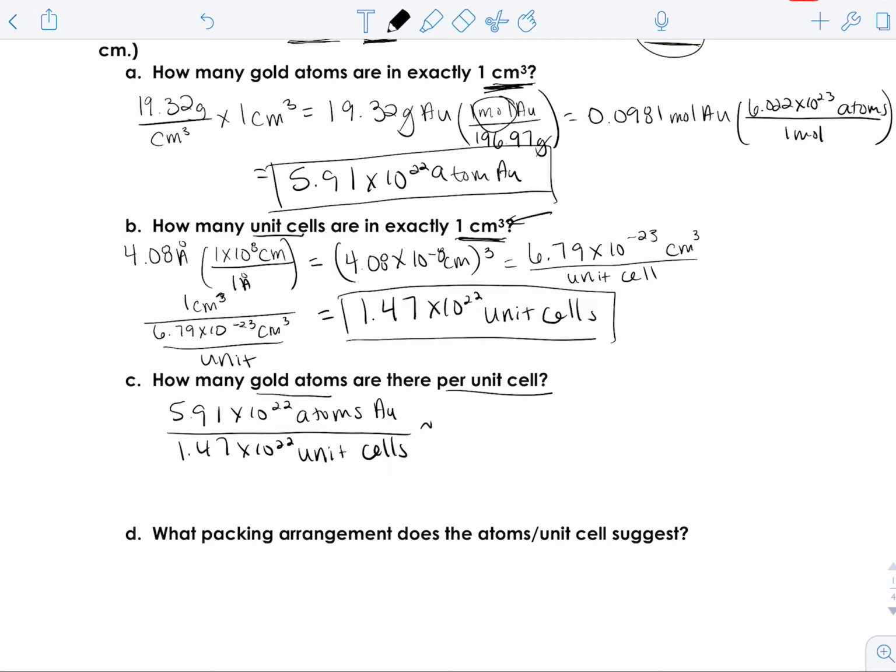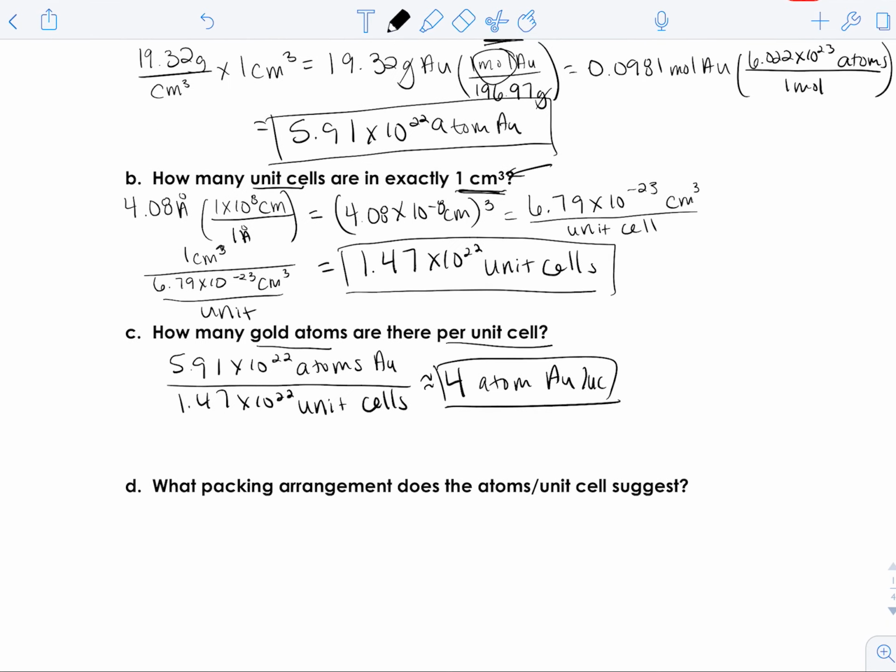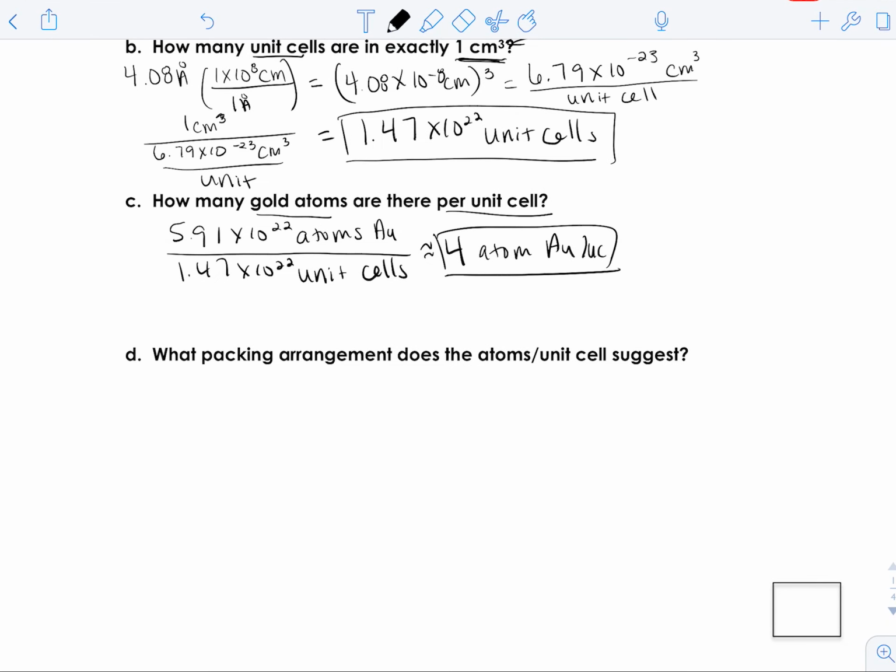And when we divide that out, we get approximately 4 atoms of gold per unit cell. Hopefully you know that 4 atoms of gold per unit cell is a face-centered cubic.